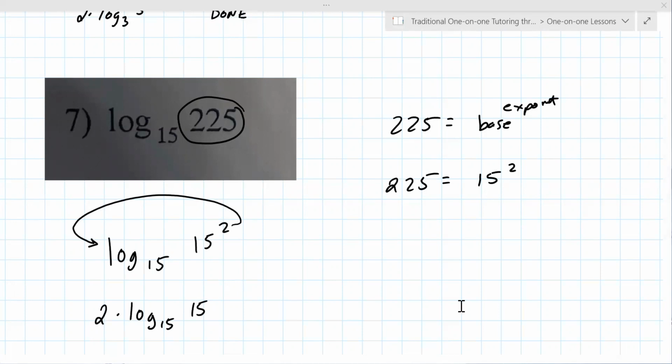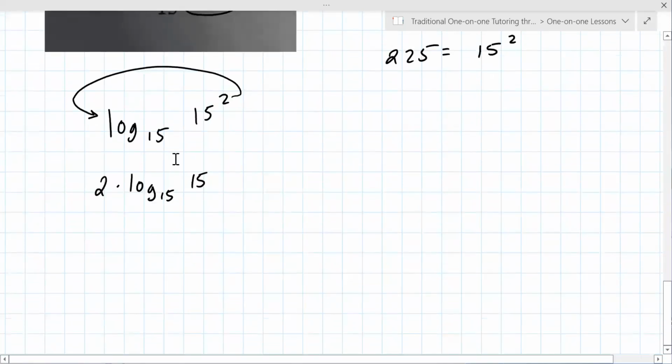What does this simplify to? What is this part? It would be 2 times 1. Yeah, because log base b of b equals 1. Right.